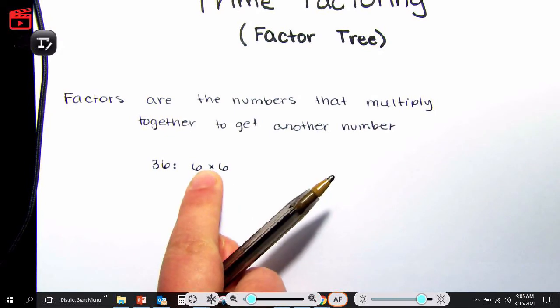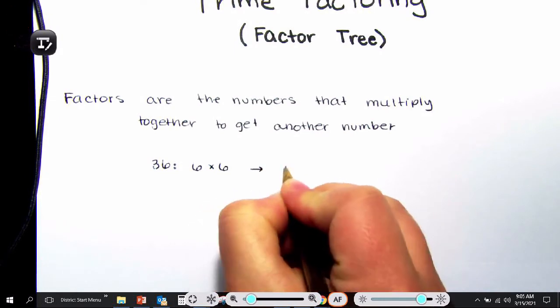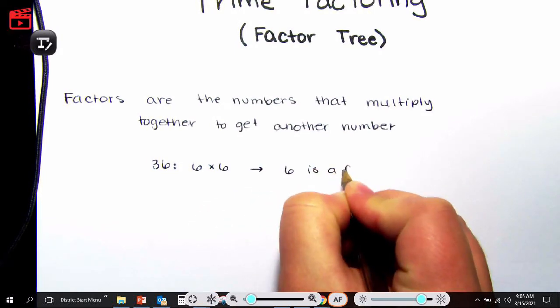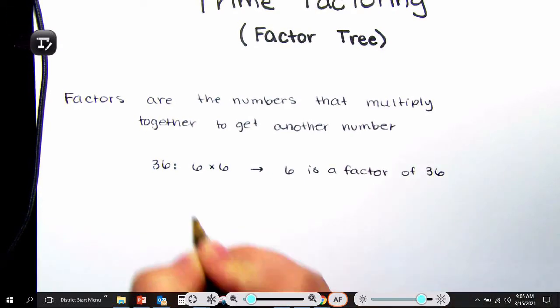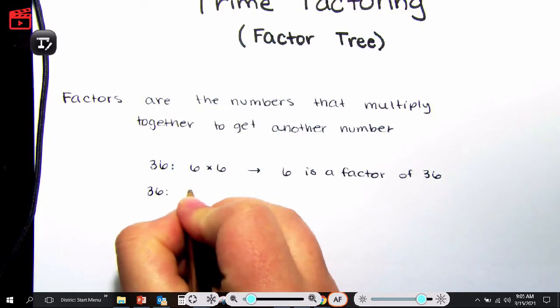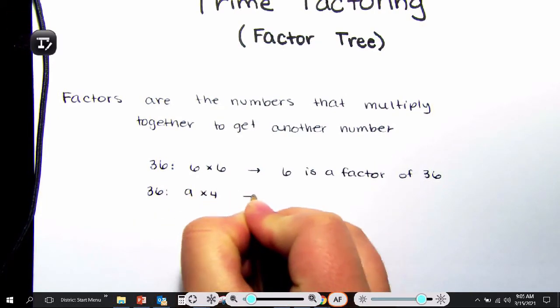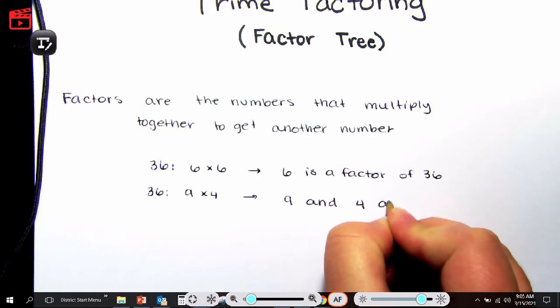So we can say, because 6 times 6, that is the same number, we can say that 6 is a factor of 36. But we know that 36 can also be multiplied by 9 and 4. That means that 9 and 4 are factors.